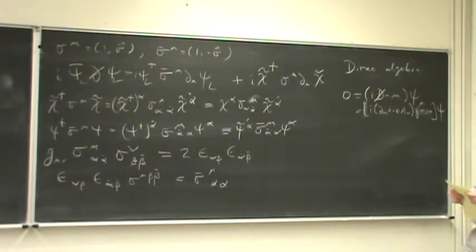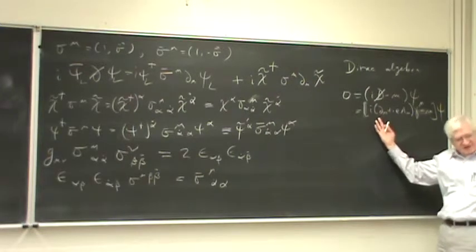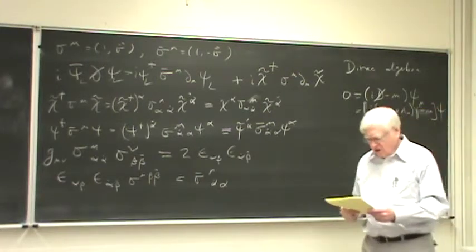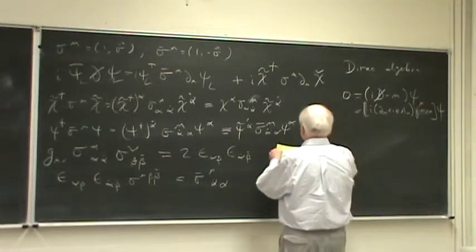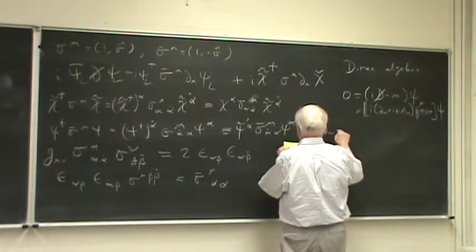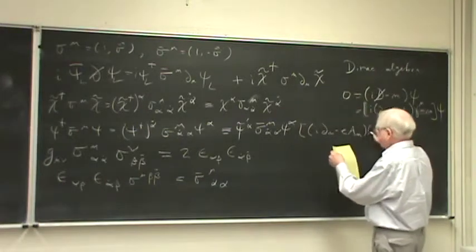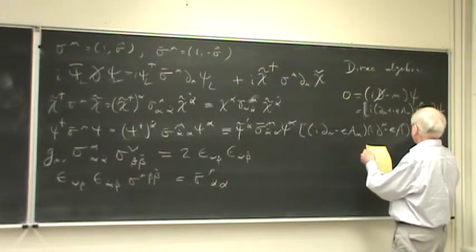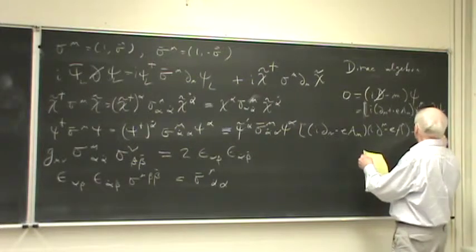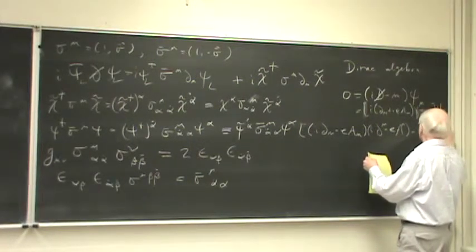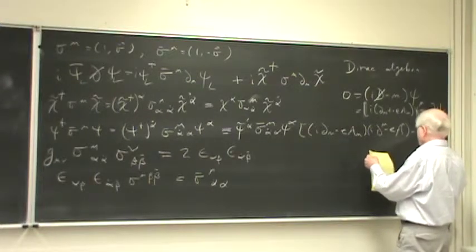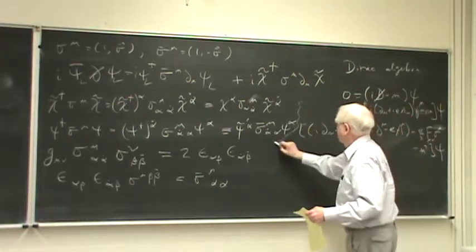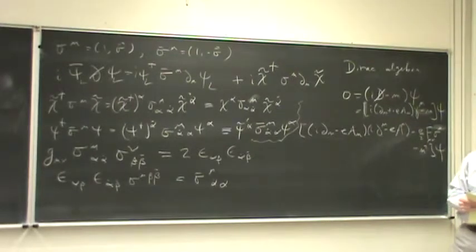Okay, so this is the Dirac equation, and you remember last time if you multiply from the left by (∂_μ + i e A_μ) with an i, you get a nice equation that I will repeat here: [(i∂_μ − e A_μ)(i∂^μ − e A^μ) − (e/2) F_μν σ^μν − m²] ψ = 0. So I'm sorry about the crowding.